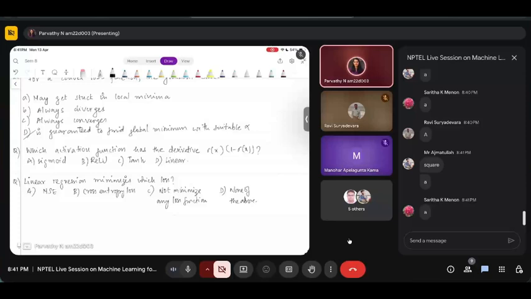Linear regression minimizes which loss? Yeah. So it is the mean square error, MSE.